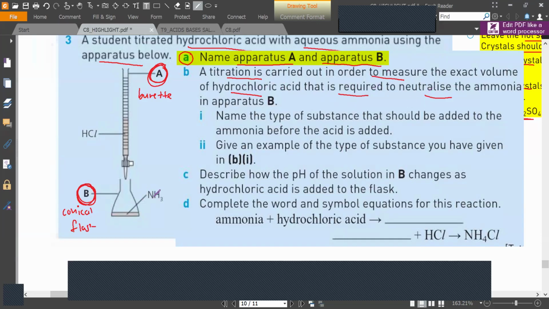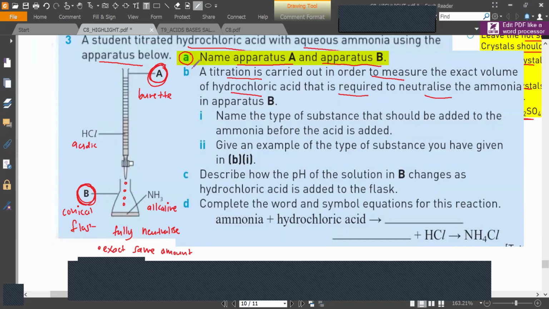Ammonia is alkaline, the hydrochloric acid is acidic, so we will add the hydrochloric acid to the ammonia until it's fully neutralized. So there will be the exact same amount of the acid and alkali.